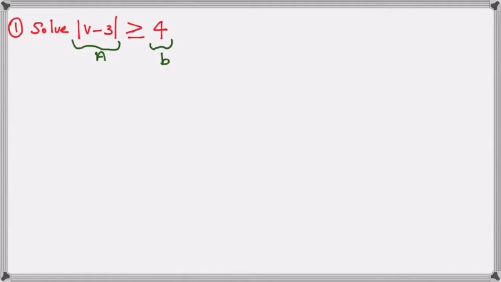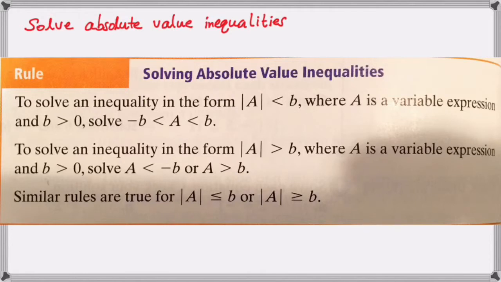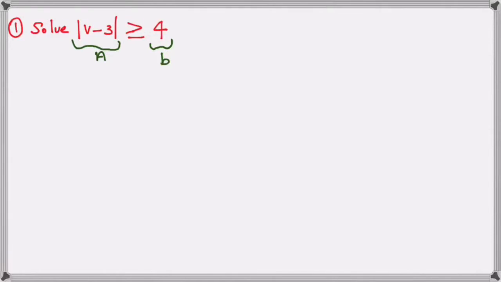So let's go back and take a look at what we need to solve. We need to solve A greater than B. Let's do that. So V minus 3 is A here. Let's solve this greater than or equal to 4 first.